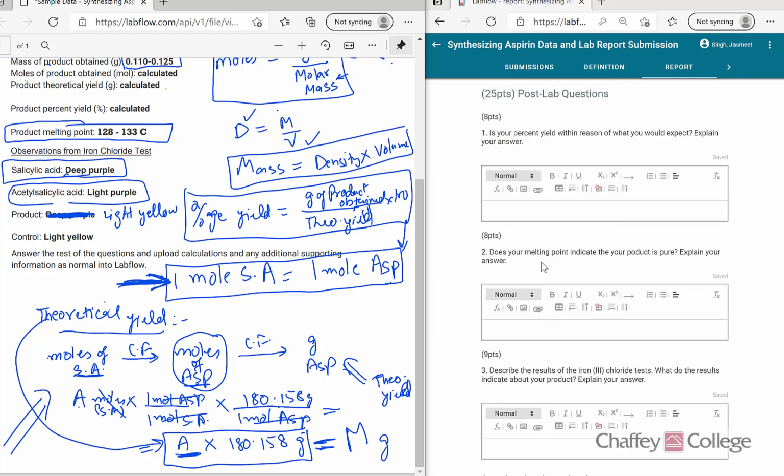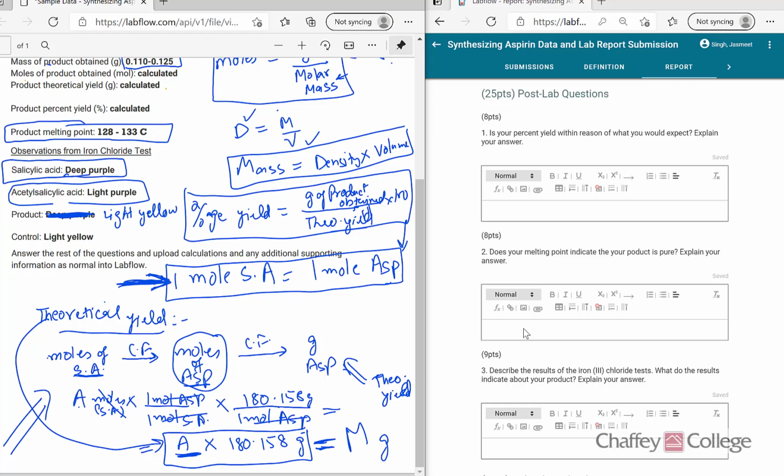Now when you have to answer if your melting point indicates a pure product or not, the answer is: if your observed melting point is the same as the reported melting point in a book or online, then it's pure. So go online and find the melting point of pure aspirin and see how your value compares to it.